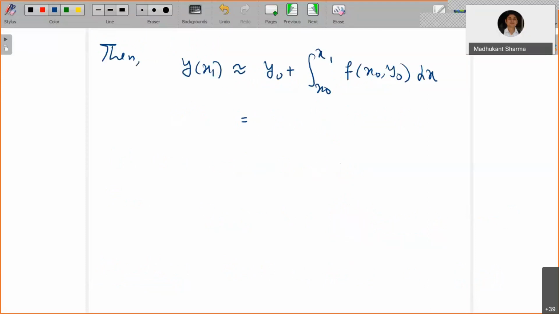If you look, this is a constant only now. It's a real number, so this is not involving any x or y, so it can certainly come out of the integrand. And the integral is now y0 plus (x1 minus x0) times f of x0 comma y0. Now x1 minus x0 is this positive increment, that is h, times f of x0 comma y0.